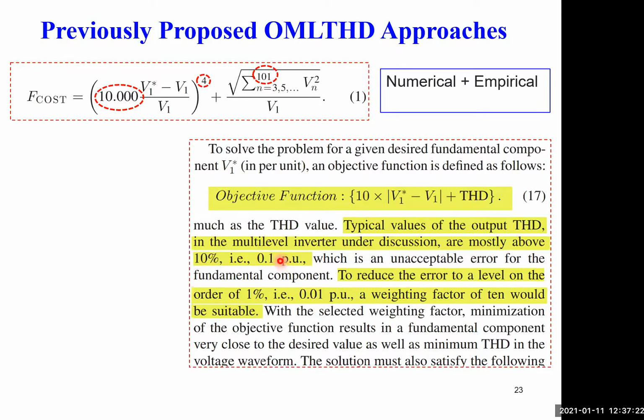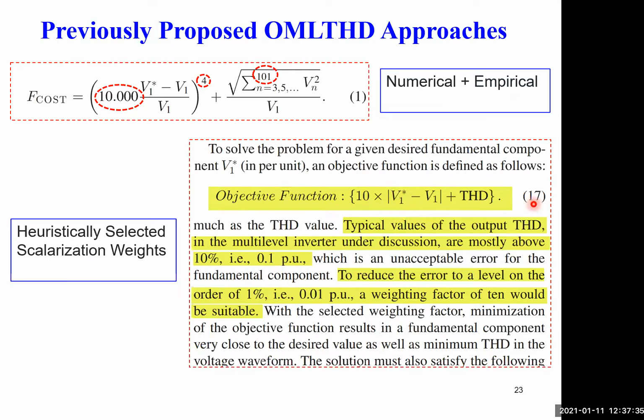This inverter can reach anywhere between 6% and 150%. So choosing a specific value for the weights may give you good results for a specific target modulation index, but not for the rest. And so this one was a heuristically selected scalarization weight.